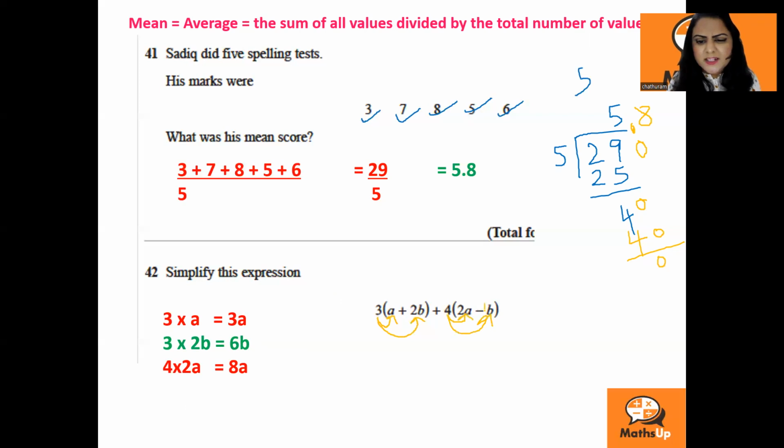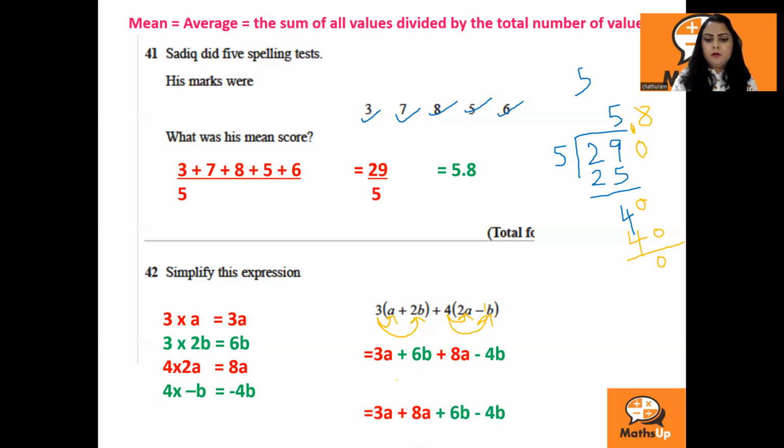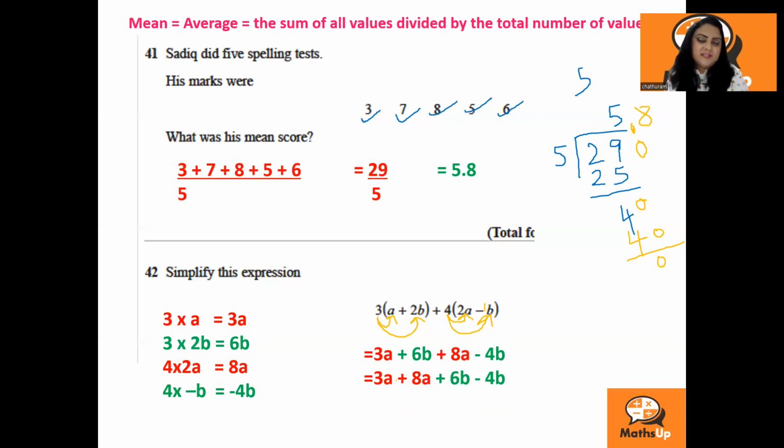Minus b means minus 1b, but we are not writing 1. We just write b. So 4 times 1 is 4 and b. Then it is minus 4b. So you can write these in order like this.